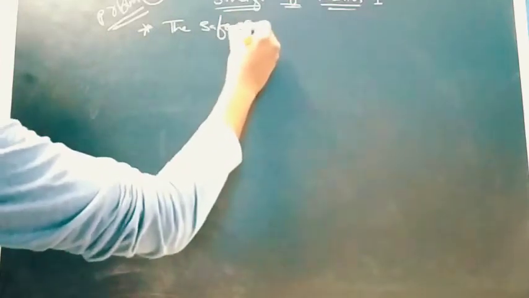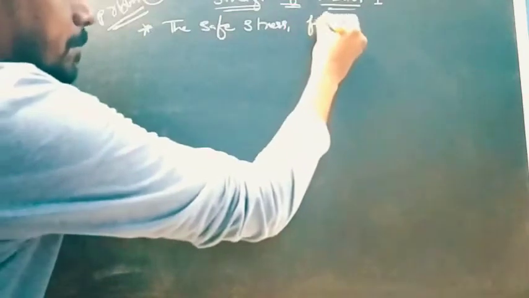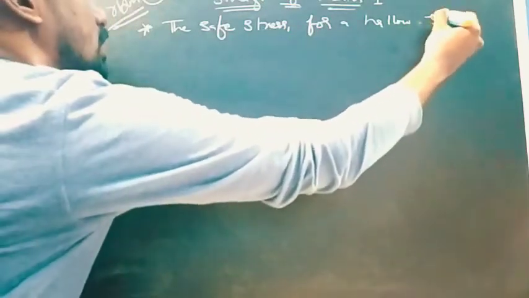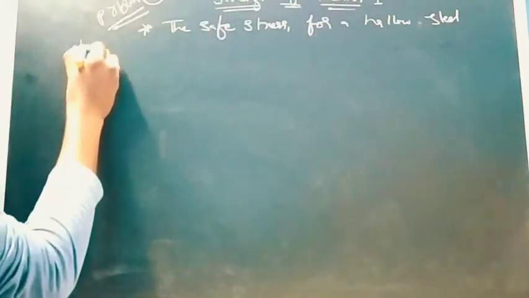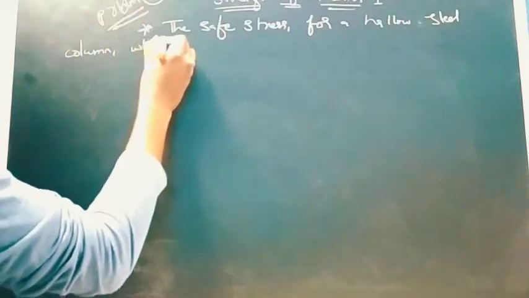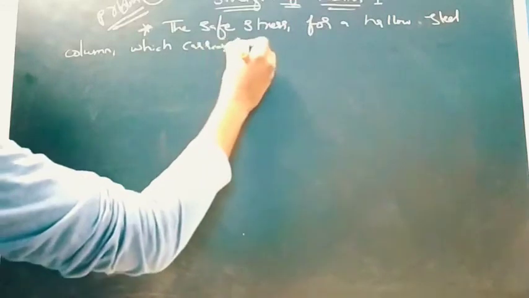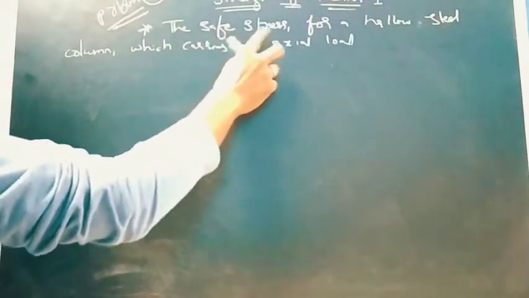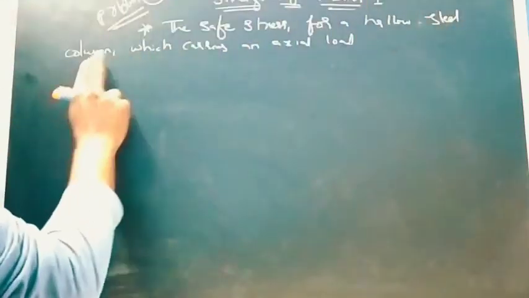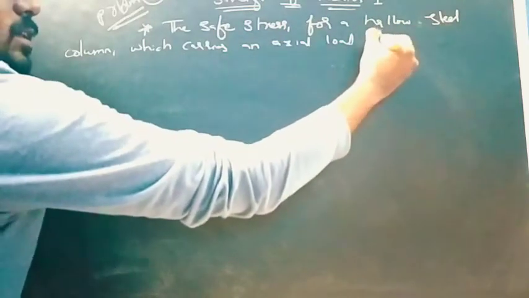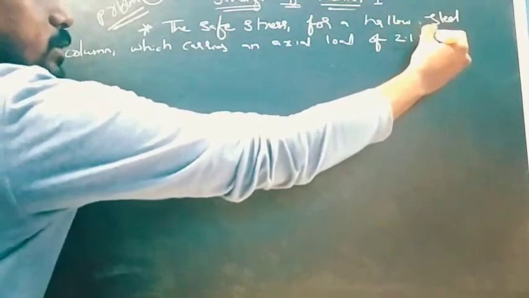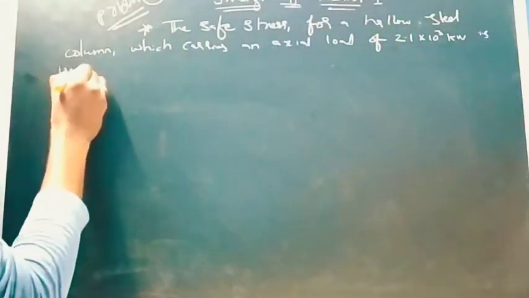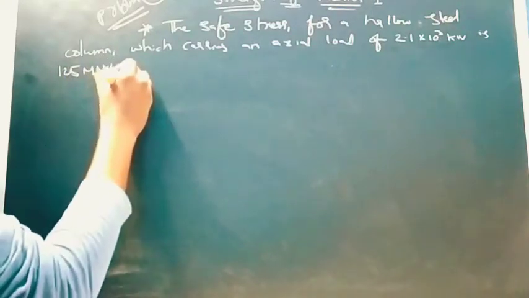The safe stress for a hollow steel column which carries an axial load of 2.1 into 10 to the power of 3 kilonewton is 125 meganewton per meter square.